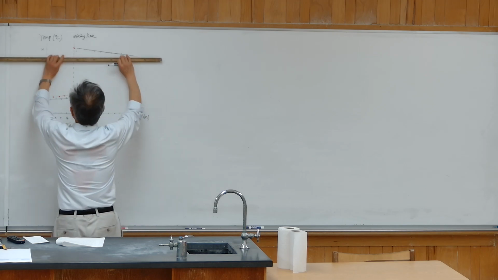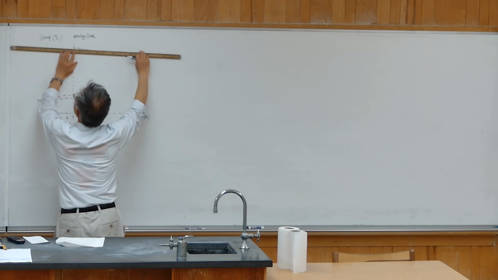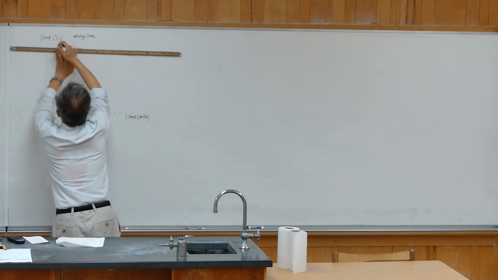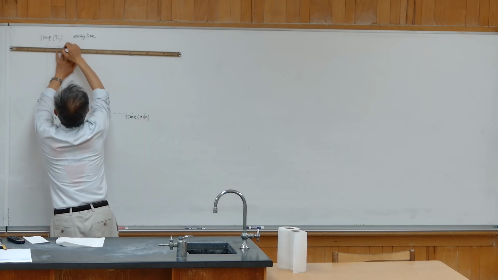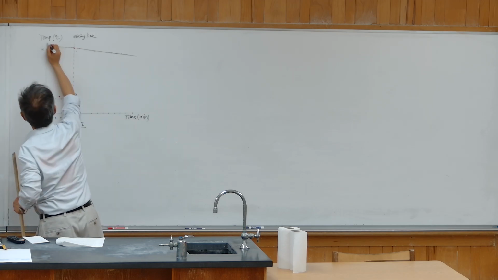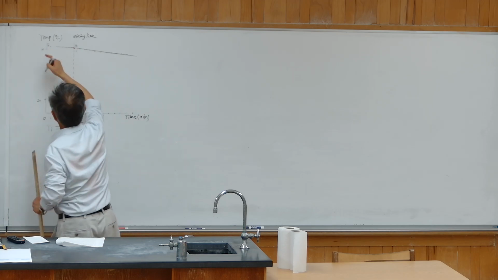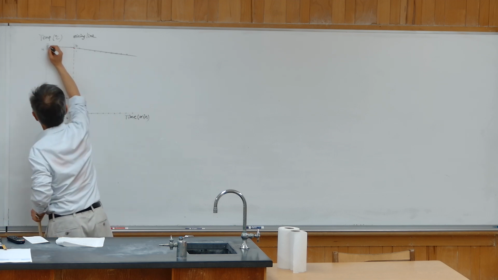Then read the actual temperature of this red colored dot on this temperature axis. So this will be TF. Right. So this point will be the TF.